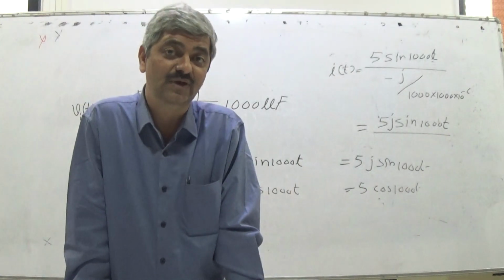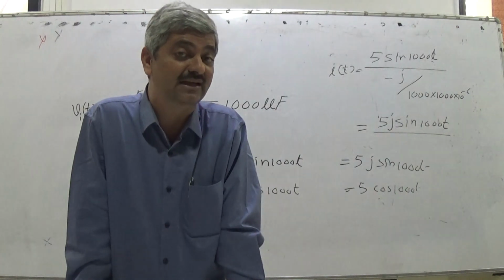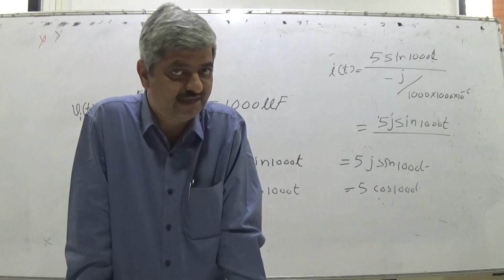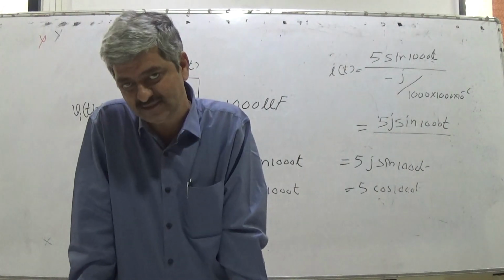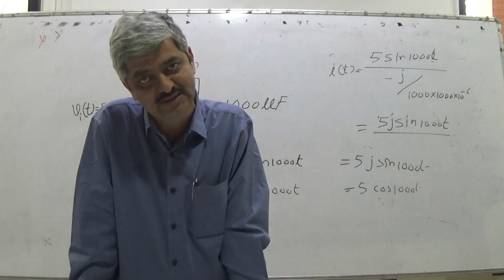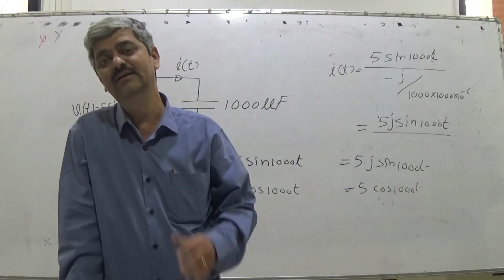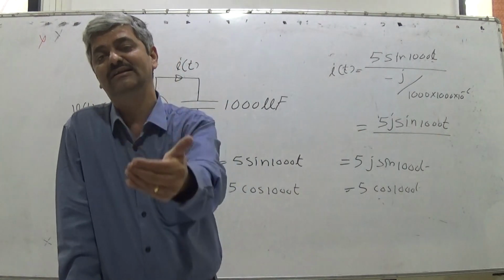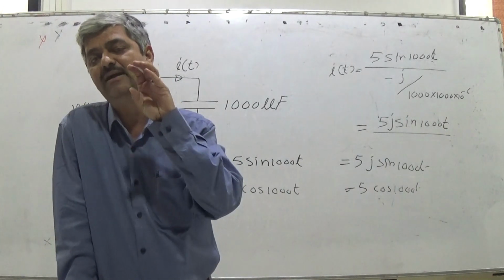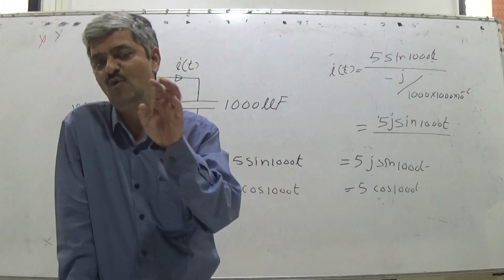For resistor it was sin square omega t, whereas for inductor and capacitor it is sin omega t cos omega t. It is a sine of double frequency. So when power consumed by capacitor or inductor is sinusoidal, what does it mean?